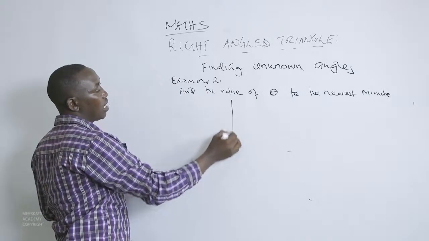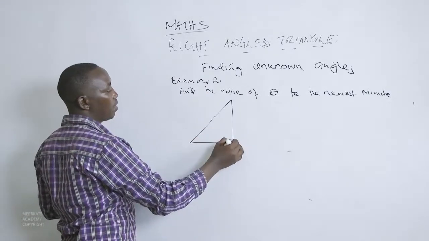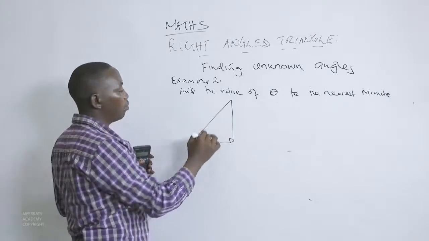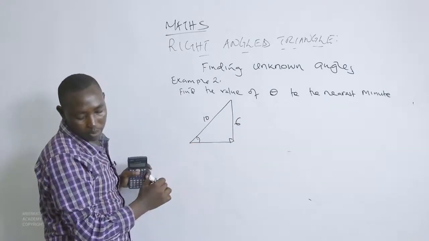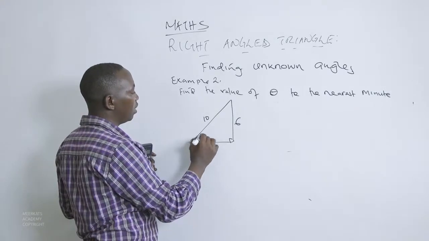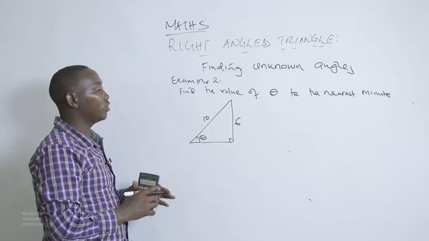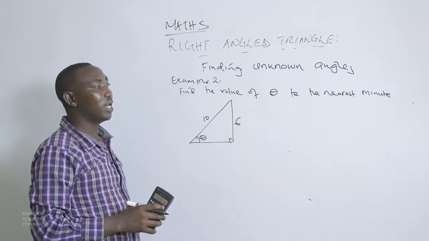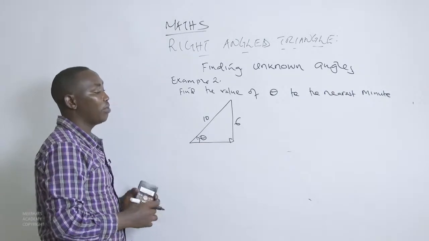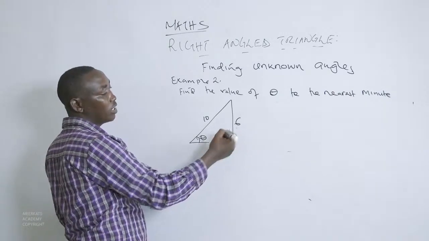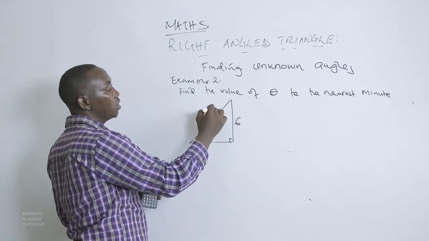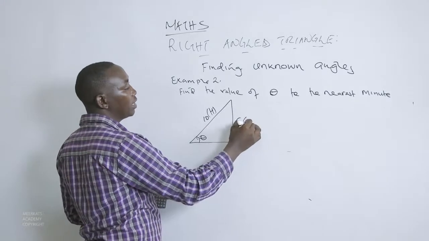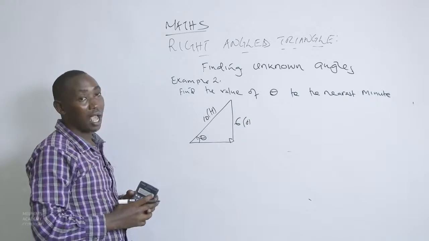We are given a right angle triangle with the hypotenuse being 10 units and the opposite to this angle being 6 units. We need to find this angle to the nearest minute, and because the values that have been given, that is 10 and 6, 10 is the hypotenuse to this particular angle and 6 is the opposite to this particular angle.